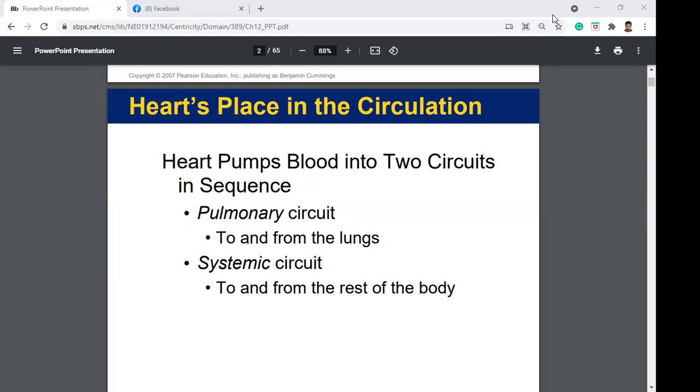Which one carries blood to the liver? The hepatic artery and the hepatic portal vein. Good. Which one carries blood to the kidney? The renal artery. To the spleen?